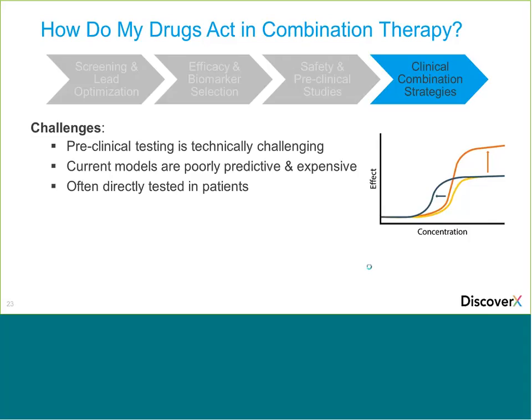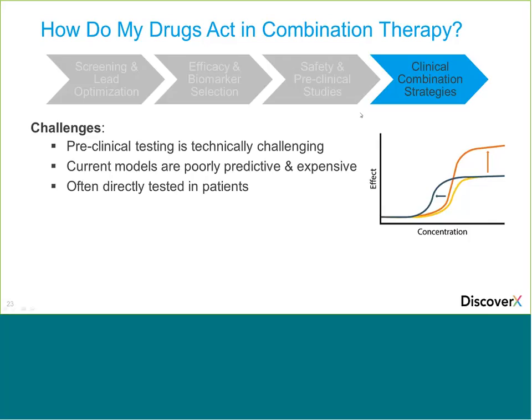And this could be either a rationally designed combination therapy, or as in many cases, how does the molecule interact with the standard of care drug that might already be in the patients inside the clinic? So testing these clinical combination strategies prior to actually treating the patient is quite challenging.